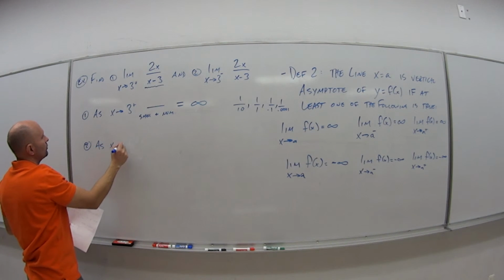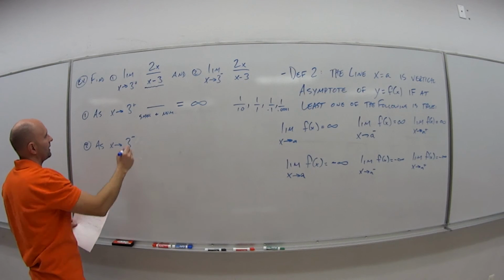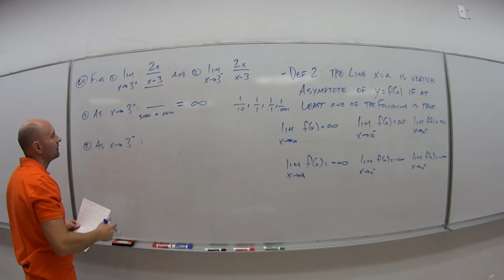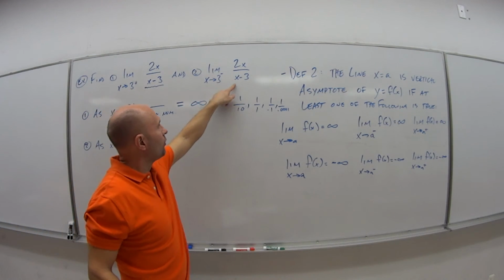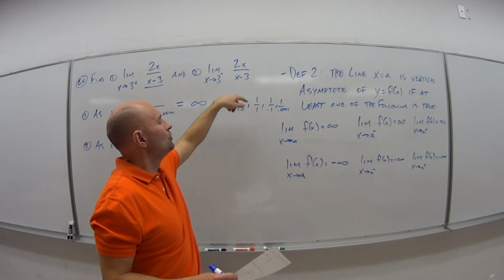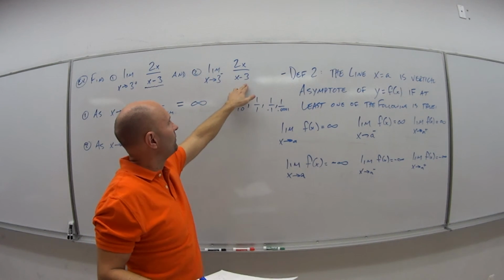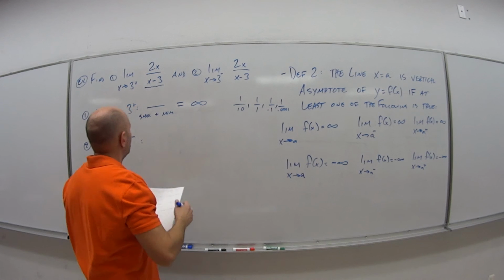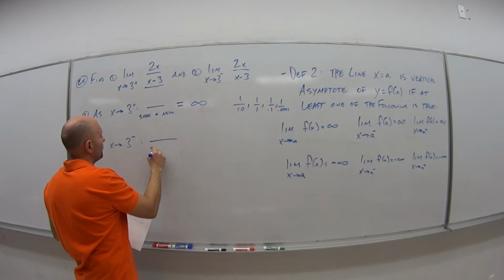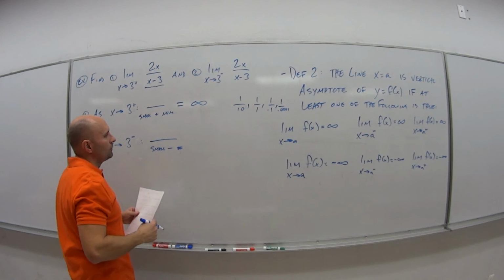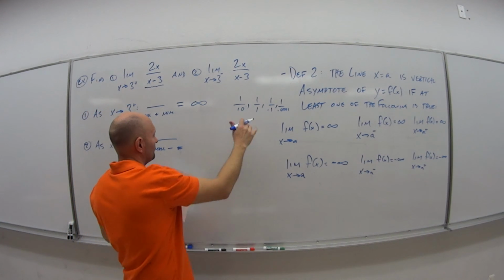So as x approaches 3 from the left, well, what happens? 0, 1, 2, 2.5, 2 3/4, etc. But this number is always going to end up a very small negative number. So again, let's think of this one.